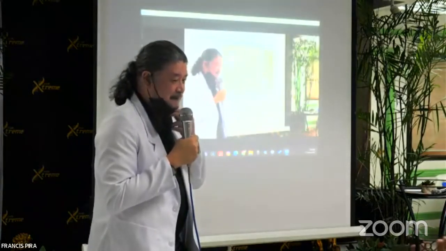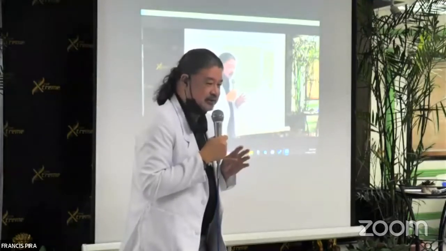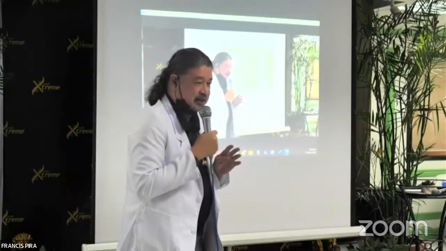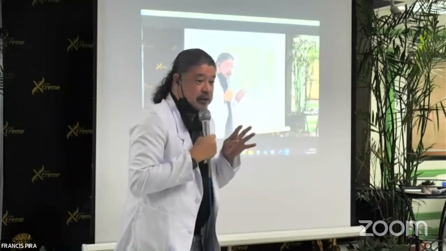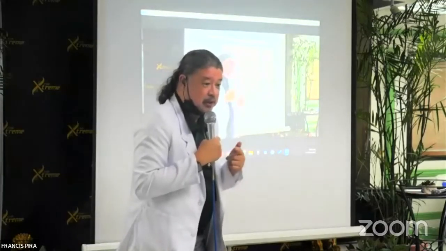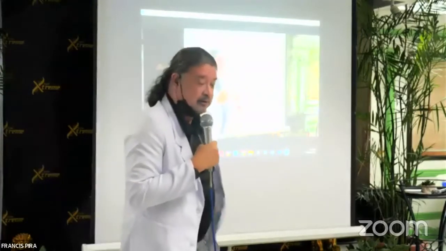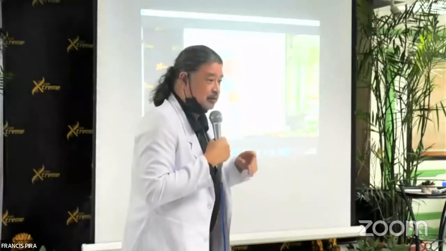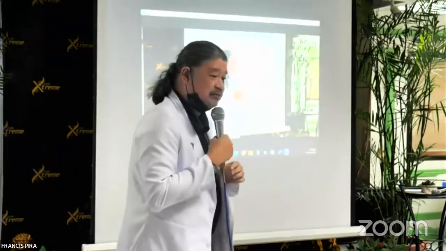Halos pareho yung component. It's really dangerous, it's the number one side effect. And the flavanol, there's no side effect. And one of the things that you can see from Viagra is that there are patients who die from Viagra.